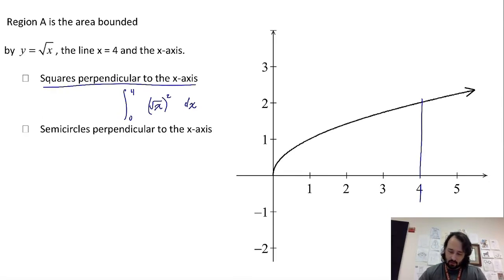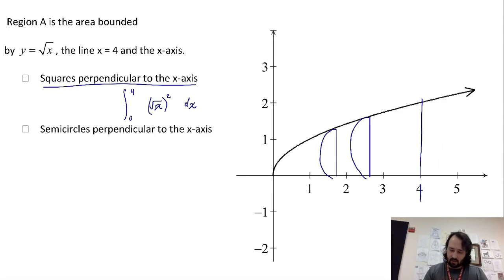Okay, semicircles perpendicular to the x-axis, which was the first spot that actually showed there. What's happening is I have semicircles that are coming up out of the page, so it's going to have this dome type effect.